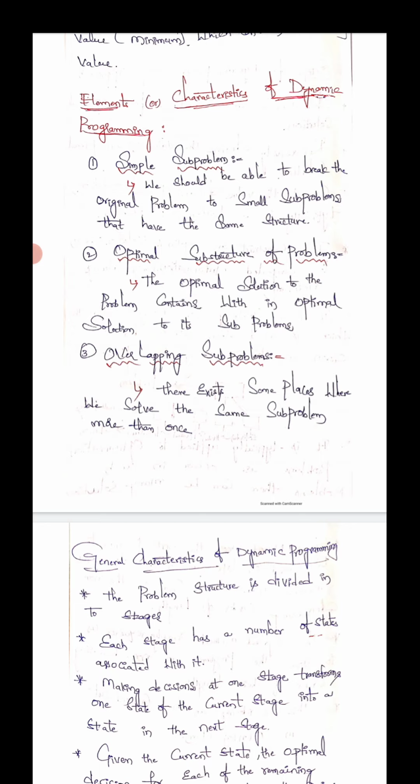The problem structure is divided into stages. If you have a problem and you divide its structure into some stages, that is a simple subproblem. We should be able to break the original problem into small subproblems that have the same structure.